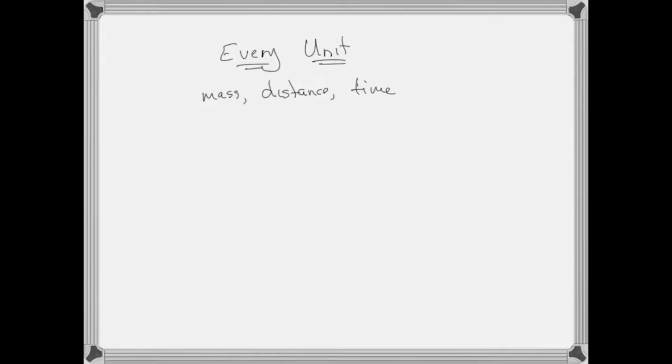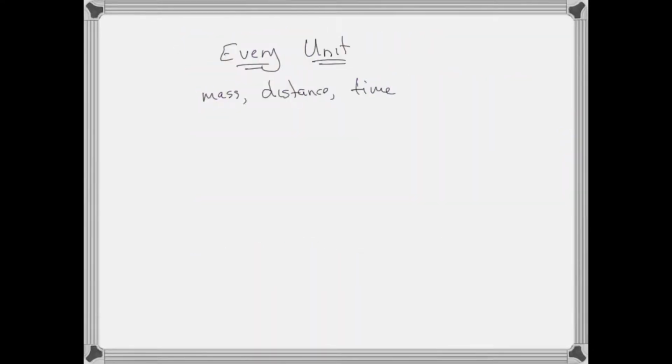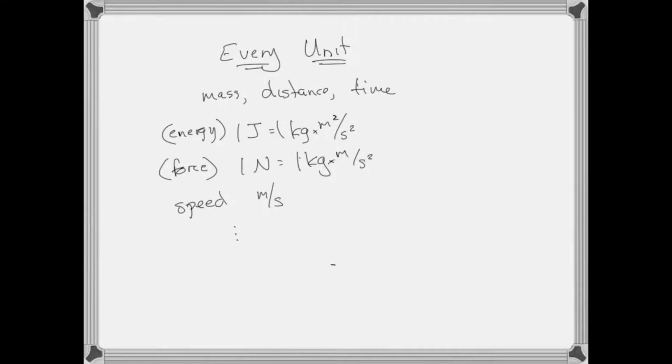Again, just to be clear, these are all just units. I'm not talking about anything other than units. The units used for energy, force, speed, whatever, are written in terms of mass, distance, and time, even though we give them all different names.